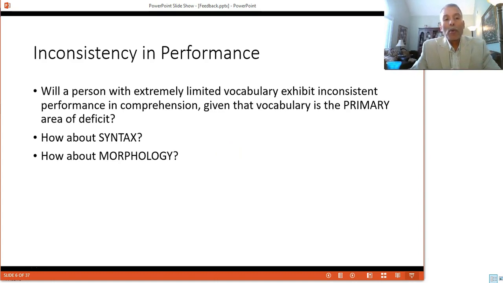So for example, if a person has extremely limited vocabulary and that person exhibits inconsistent performance in comprehension, sometimes they comprehend, sometimes they do not. So when we look at vocabulary as a primary area of deficit, why will their performance be inconsistent?